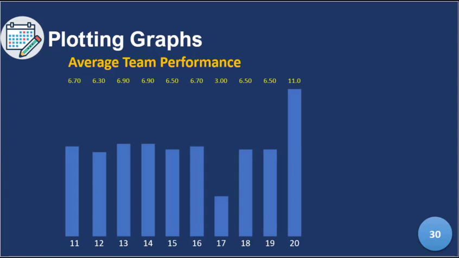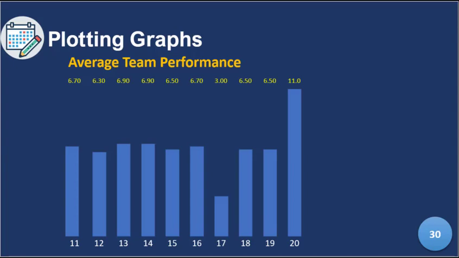And that's why there is a need for what we call data visualization. It allows you to see information quickly, act on it, and find out why, for example, Team 17's performance is quite low and Team 20's performance is quite high. Data managers are like investigators. When something is wrong, they need to find out exactly what the problem is and why it is there.